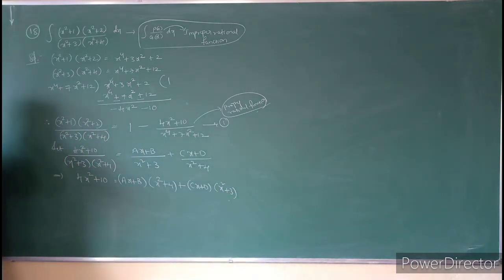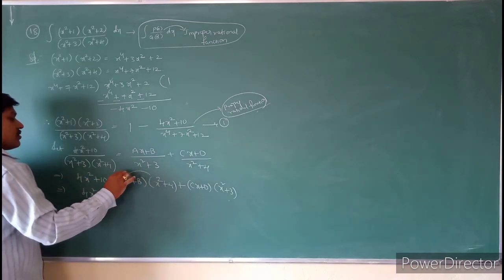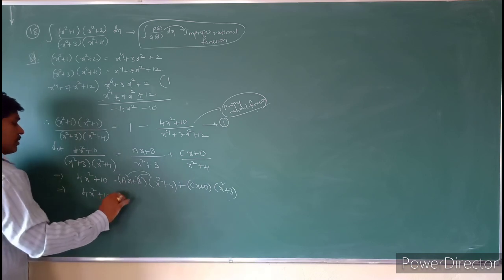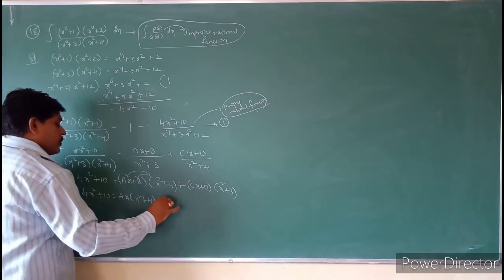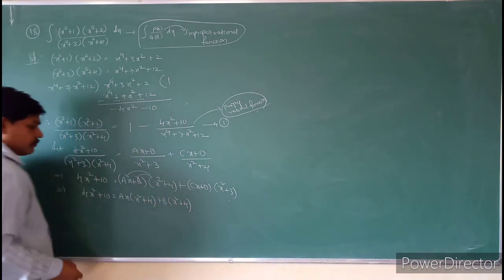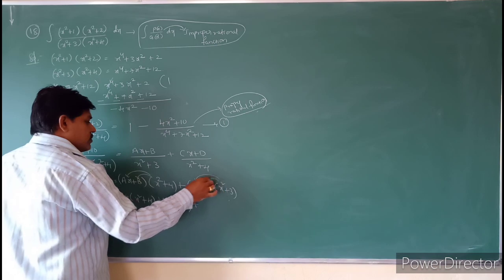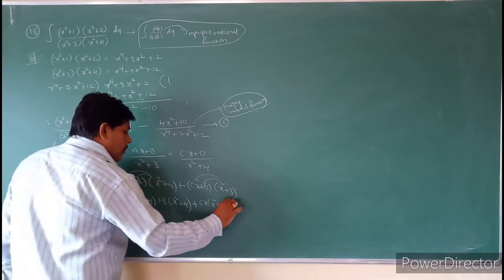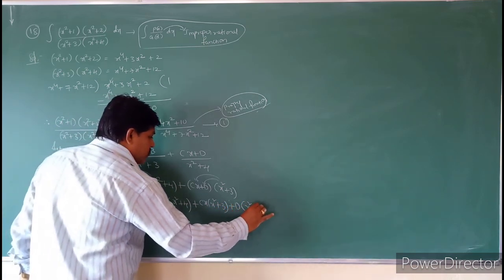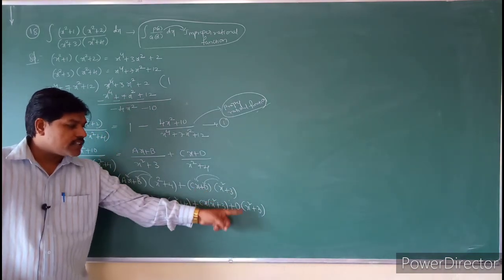So that implies 4x square plus 10 is equal to, multiply these, students, multiply with this one and with this one also: ax into x square plus 4 plus b into x square plus 4 plus cx into x square plus 3 plus d into x square plus 3.